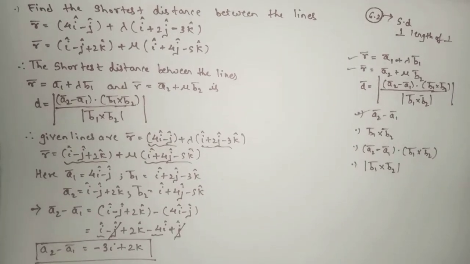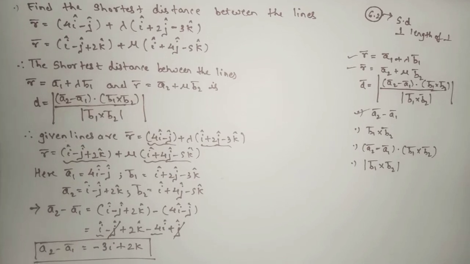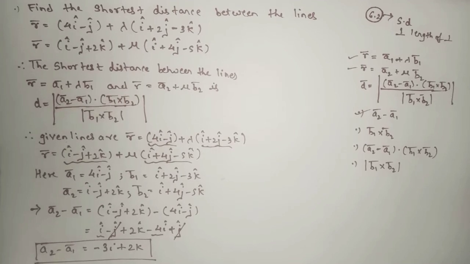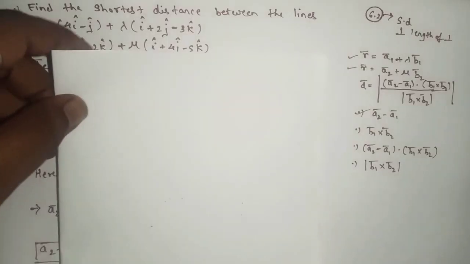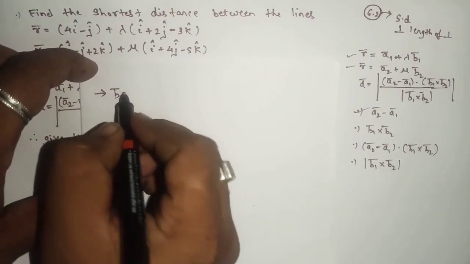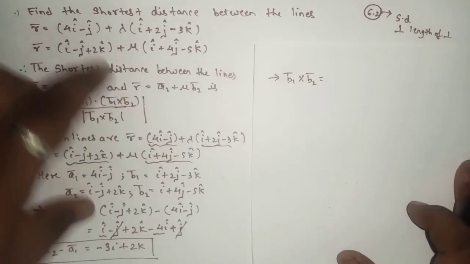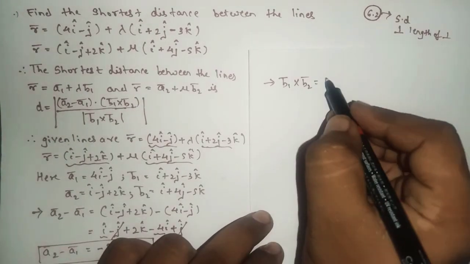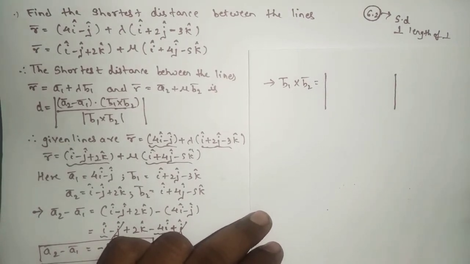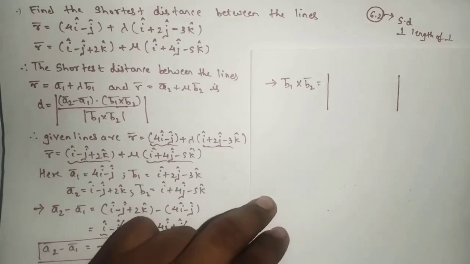Okay, now after that we'll find the second one, that is b1 cross b2. As we all know how to find the cross product, we have to use the concept of determinant, that is a 3 by 3 determinant.